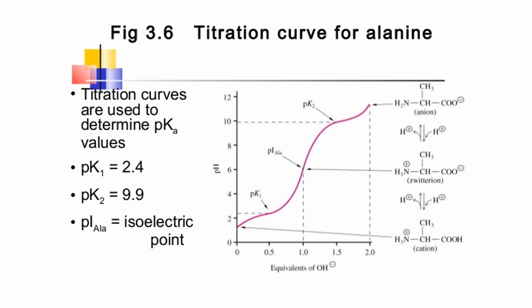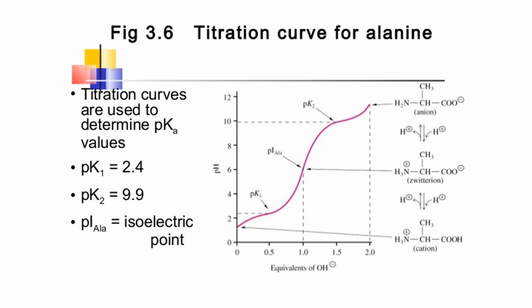Titration curve of alanine. Alanine is an amino acid. When the pH is low, it is in this form and has a positive charge. Then as pH rises, it donates a hydrogen ion: the carboxyl group releases a hydrogen ion, converting into a carboxylate ion.